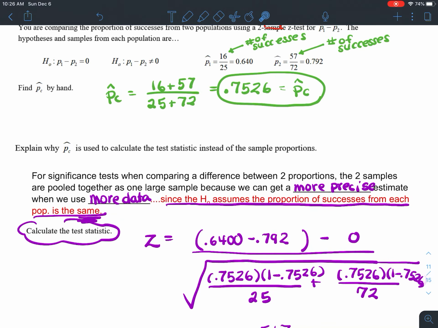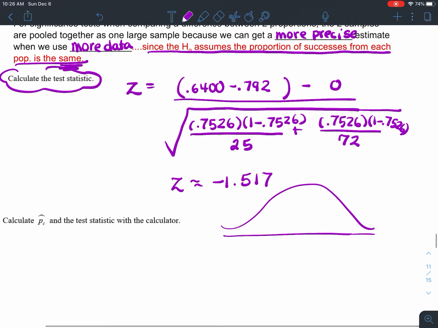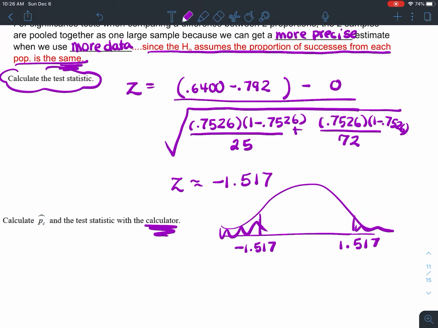Okay, now remember, our alternative hypothesis on this was a statement of does not equal to. That means this is a two-tailed test. So that means this would bound that, and over here I would get the positive version of that. I would be looking for that shaded area.